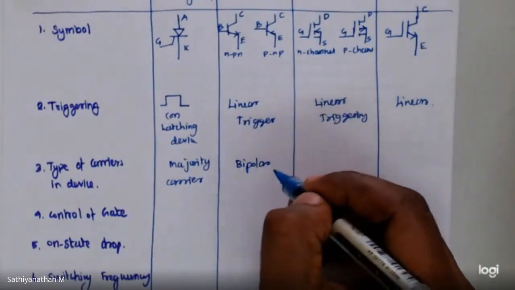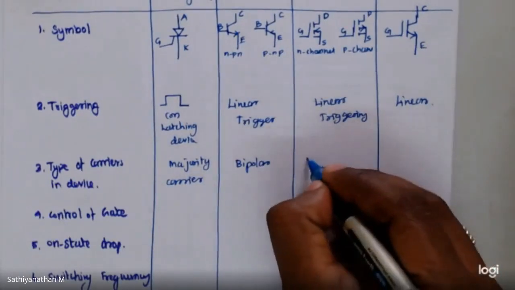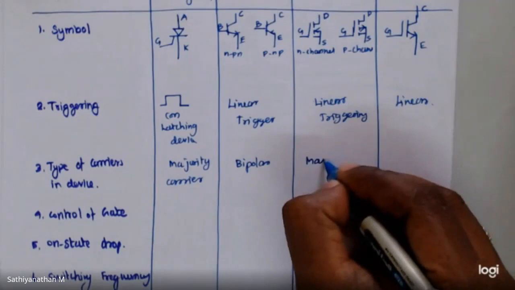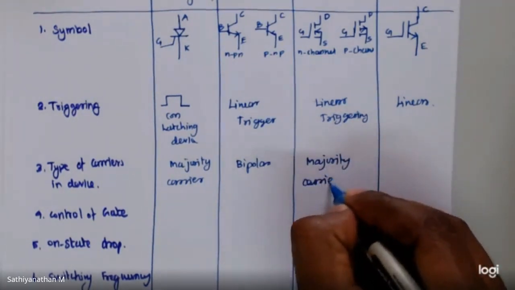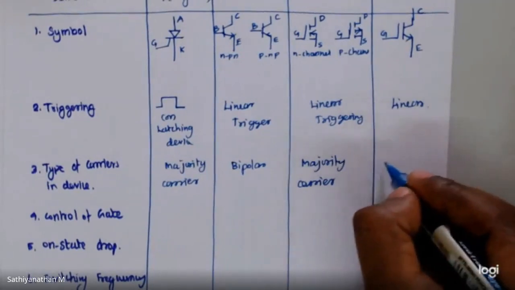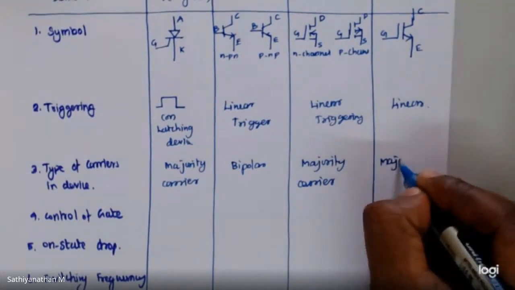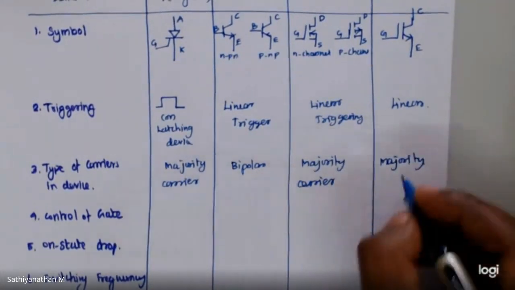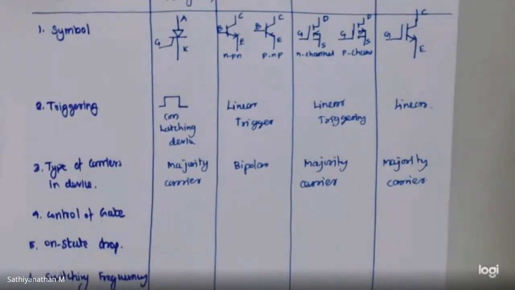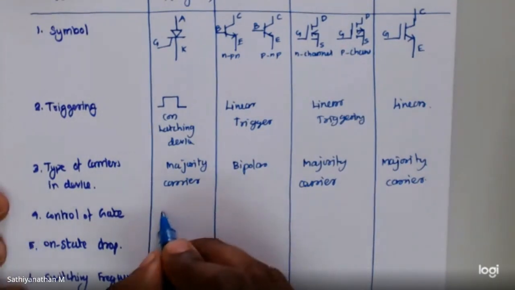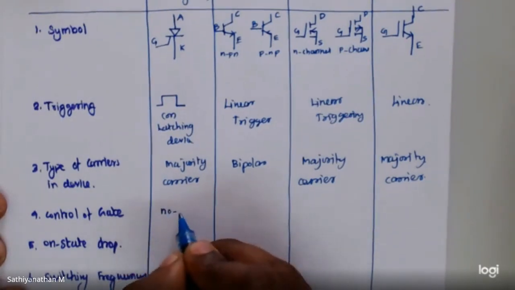So it comes under a bipolar device. And MOSFET is again a majority carrier device. And again, IGBT is a majority carrier device. Okay. And if you take the gate, control of gate, here there is no control over gate.